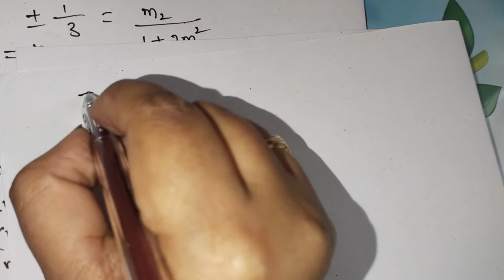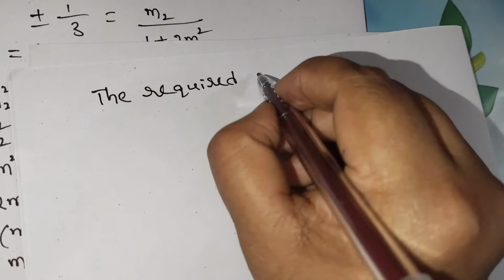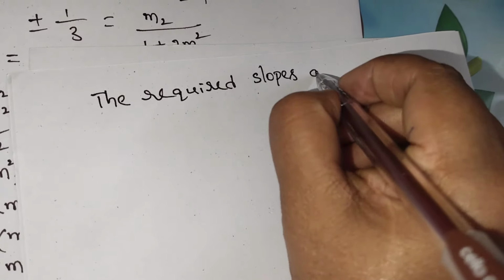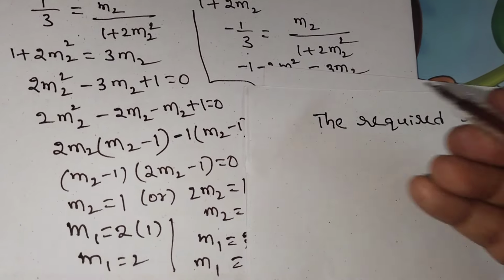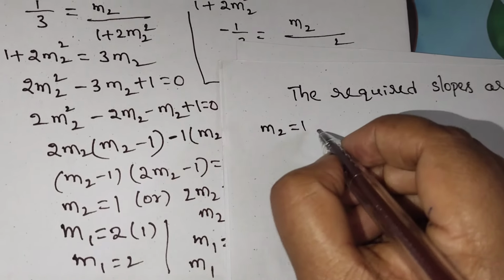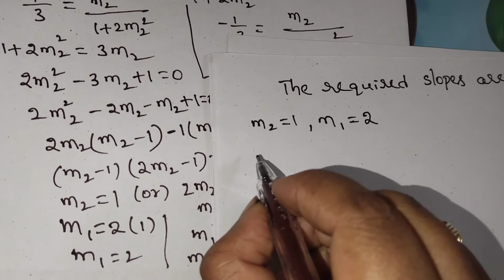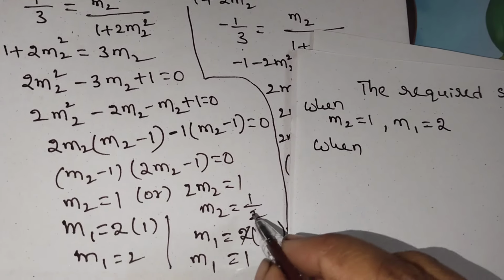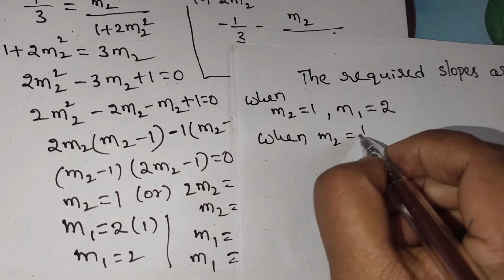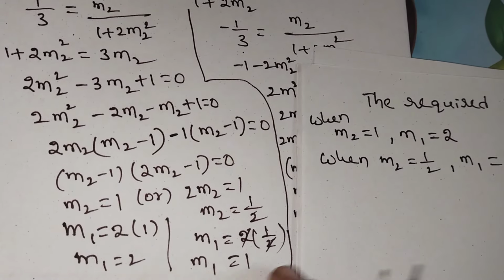So finally we write the required slopes. Write these slopes one by one. Here m2 is 1, then m1 is 2. Next, when m2 is half, then m1 is 1.